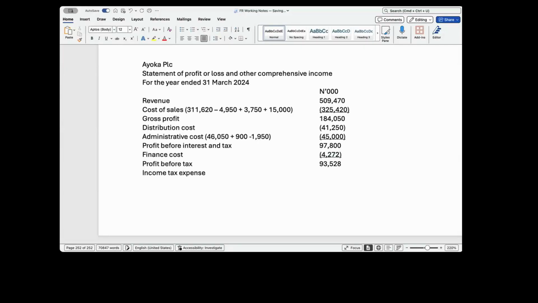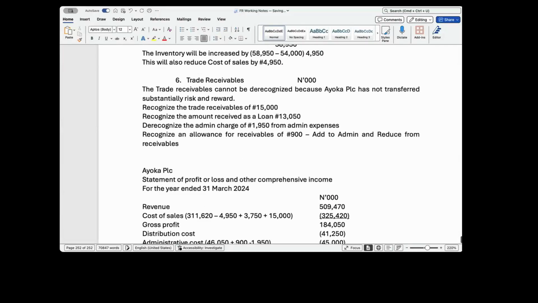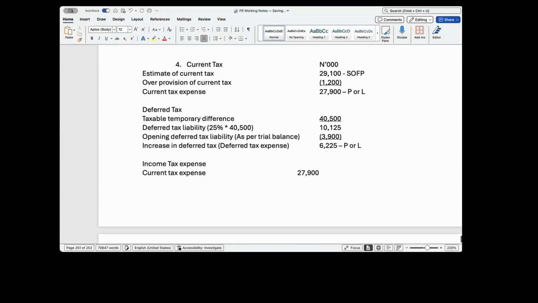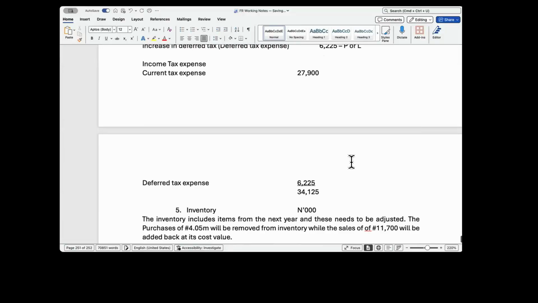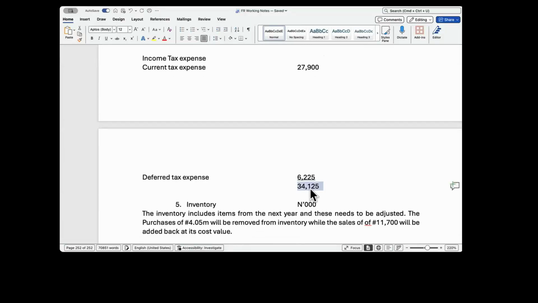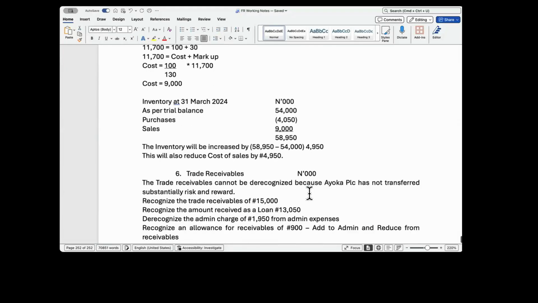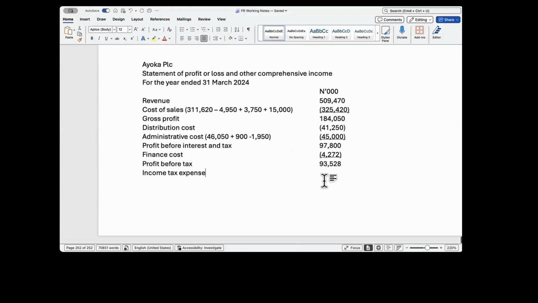Then my income tax expense from my workings is 34,125.